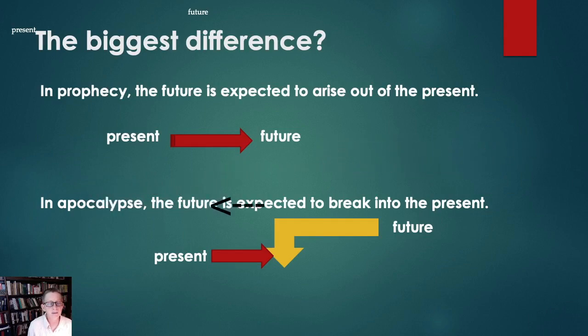In apocalypse, the future is expected to break into the present, to change what would have happened, to stop the present run of history and make something entirely different happen. If you have seen my video on the eschatological framework of the New Testament, you will see that sort of element in the eschatological framework where the future breaks into the present in the sacraments of healing and miracles, for example.